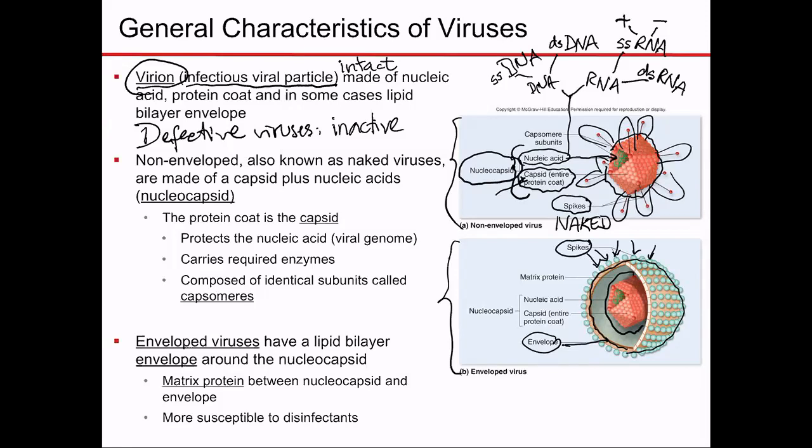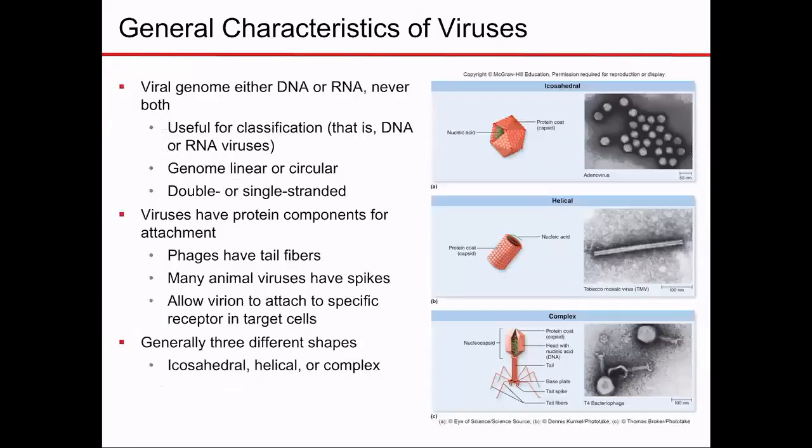Viruses also can be classified based on the structure of that nucleocapsid. Viruses can be classified in different groups. We have these icosahedral shapes that you see right here, or they could adopt a helical structure like you see here. And here is an icosahedral. So this is a diagram here.